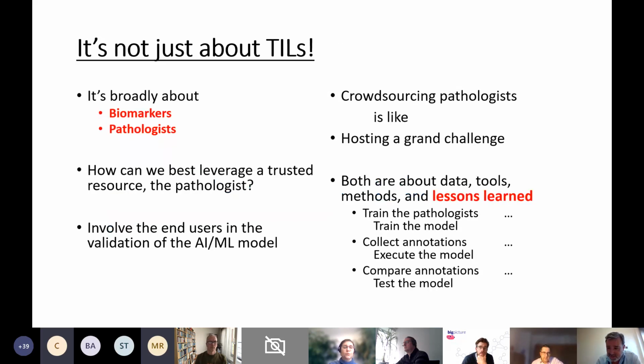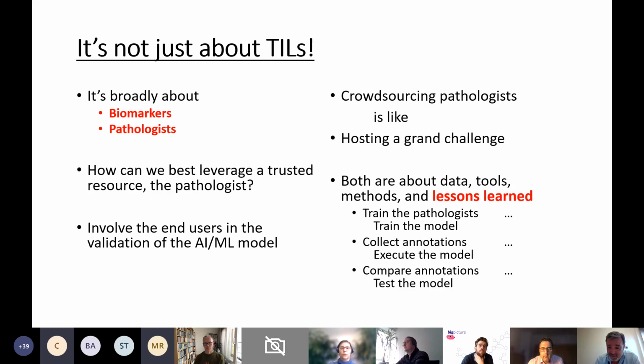But it's not about the TILs as such, because the narrative being developed with this project is to create these validated datasets by using crowdsourcing of pathologists, so that one day we make these annotations public using a mechanism developed by the FDA, so that people can use those annotations to validate their tool and then submit it to the FDA. So that the FDA has the tools available internally to have an assessment of the analytical validity of the assay.